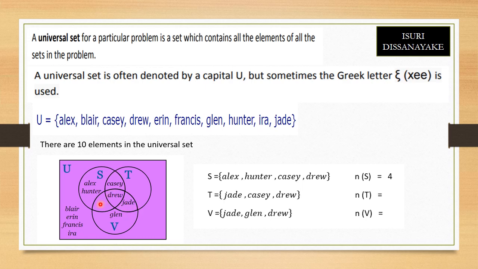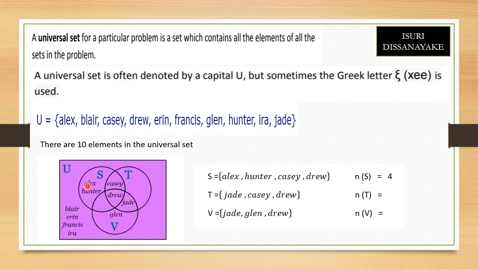And you can see there are no names common to S and V only, because Dave is in all 3. So here common for S and V only, it's not there. Alex and Hunter is S only. Glenn is V only. And there's no name for T only over here.